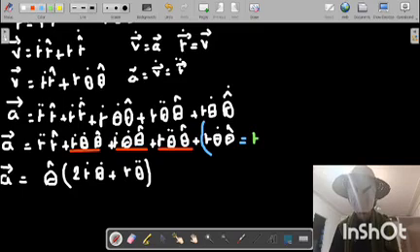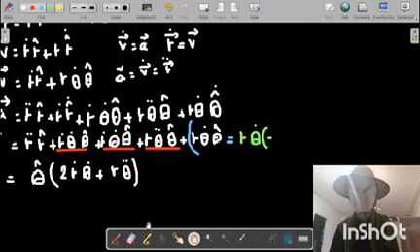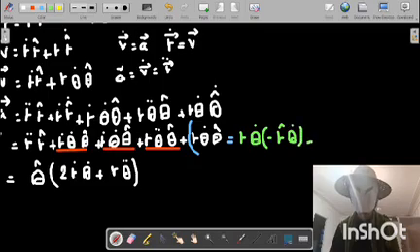R theta dot times negative R hat theta dot, which equals negative R theta dot squared R hat, just like that.